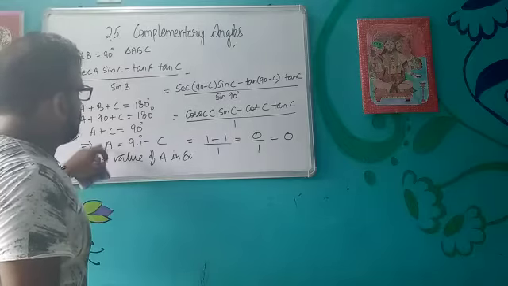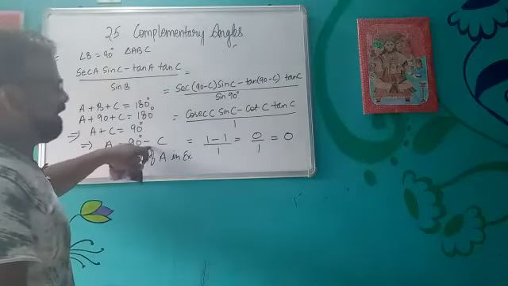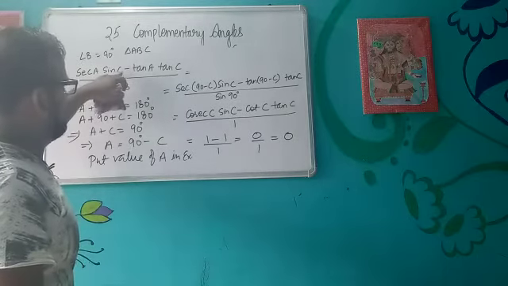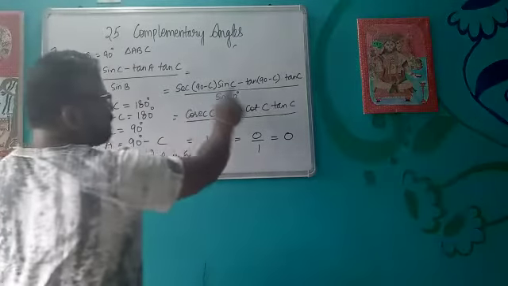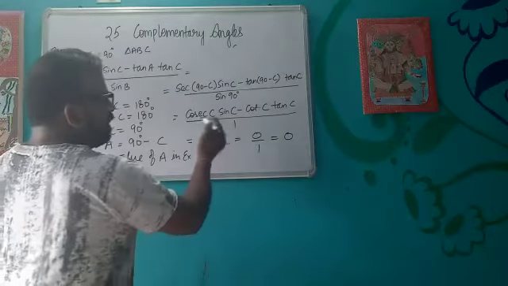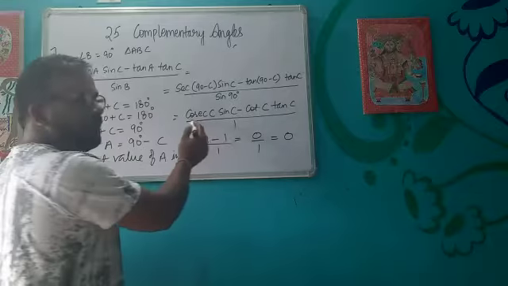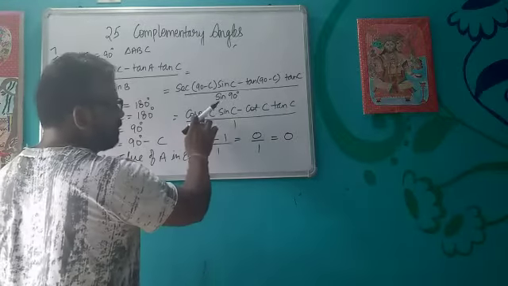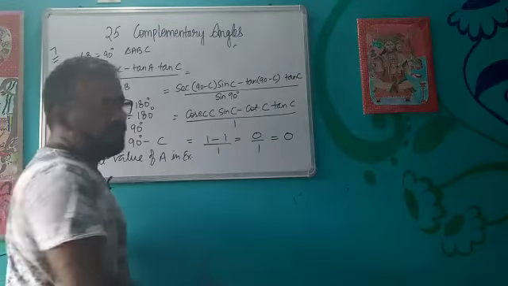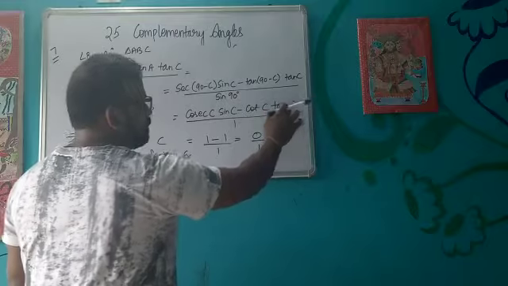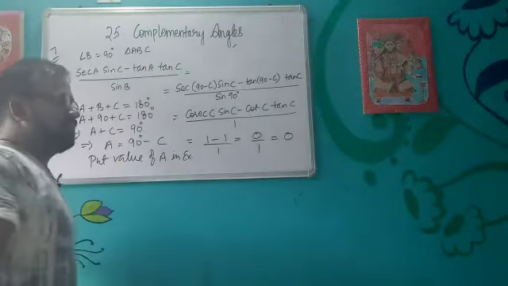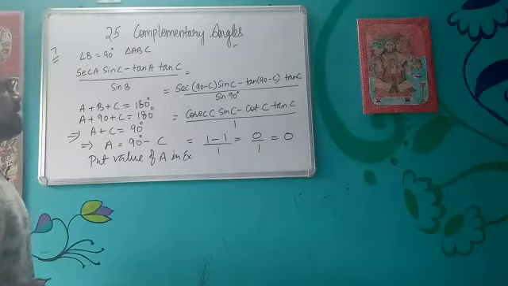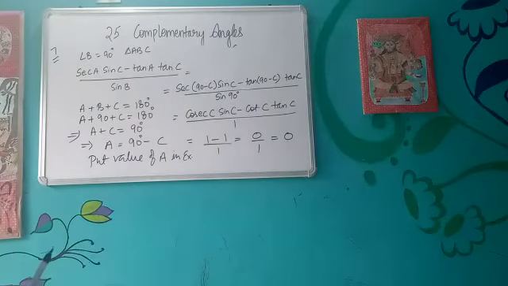So in that case you will replace either A equal to 90 minus C, or C equal to 90 minus A, and then you will put the respective values like I have put. Then you will use the reciprocal relations that we have studied many times now. Cosec theta into sin theta is 1, cot theta into tan theta is 1, and sin 90 is 1 already. So you will get 1 minus 1 upon 1, that is 0. So this is how you can solve questions like this.